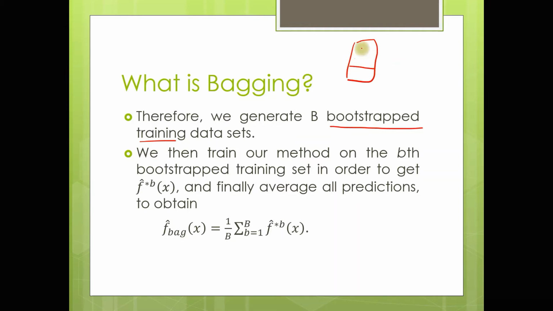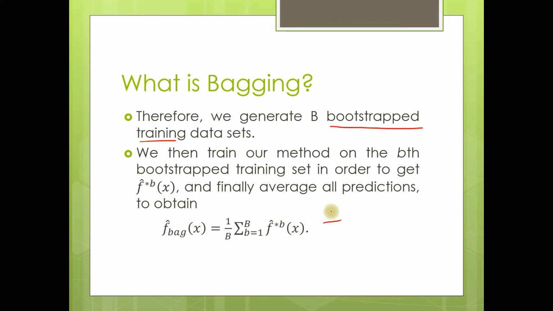Then these records are sent back into the pool, and you repeat this procedure. You get a different training set from the overall data, and this will be repeated many times. So that is the idea behind bootstrap training data sets in bagging.